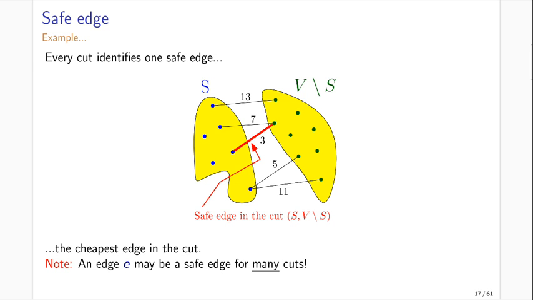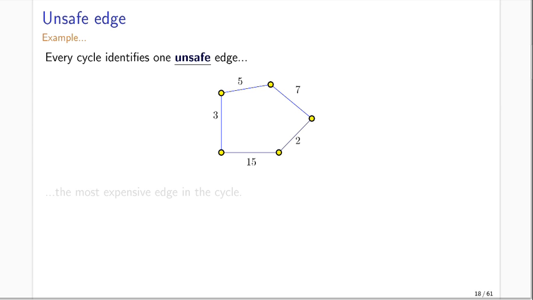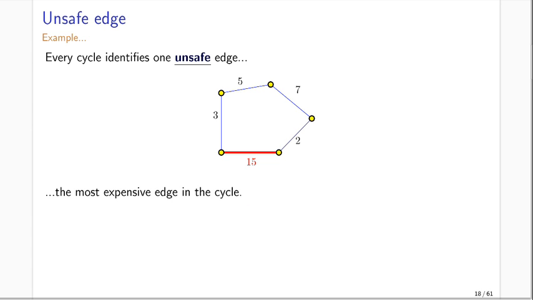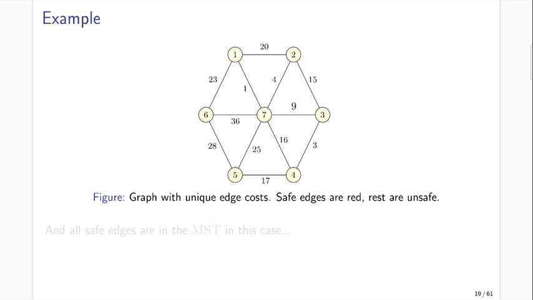That's completely fine, completely legal. An edge is unsafe if it's the heaviest edge on a cycle. In this case, clearly it is this edge. And again, an unsafe edge might be unsafe for a large number of cycles, because the graph might contain an exponential number of cycles.